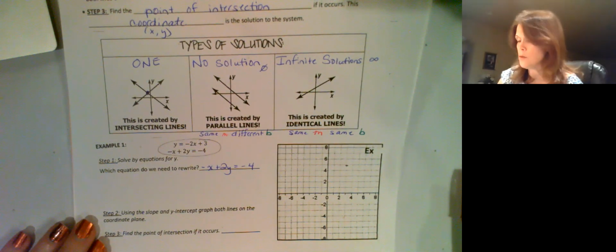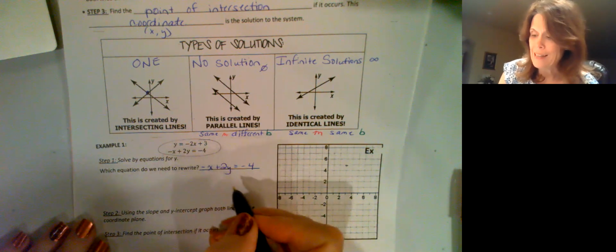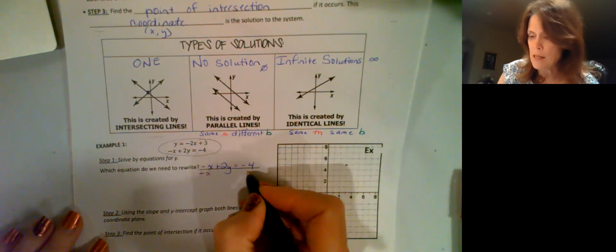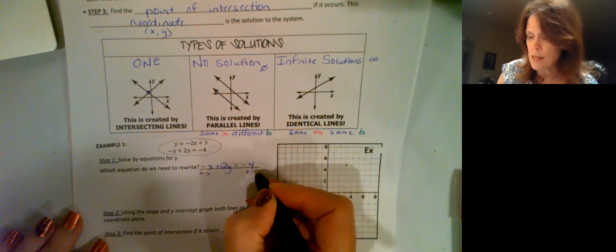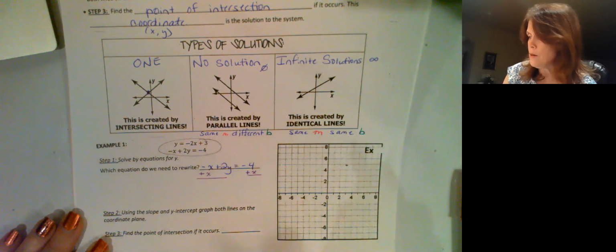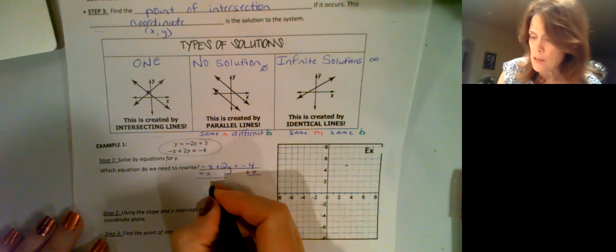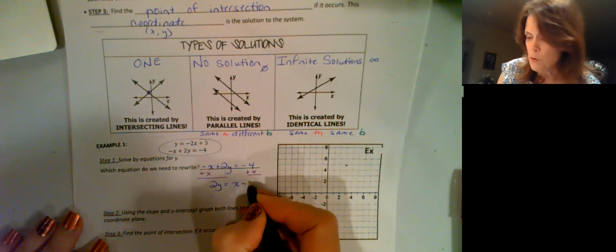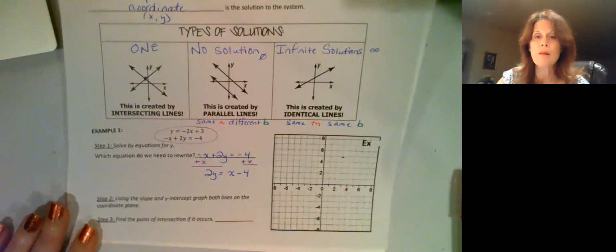So we're adding negative x. Let's put a positive x on this left side. And if I do it to the left side, I have to do it to the right side. Okay, and what's left there? Left side now is 2y equals x and negative 4 there, right?